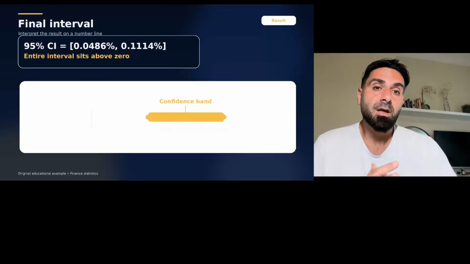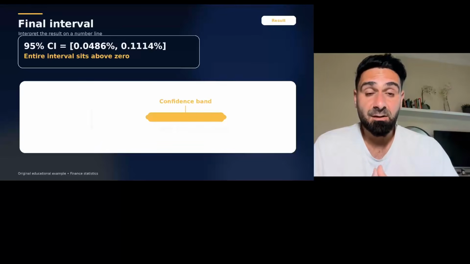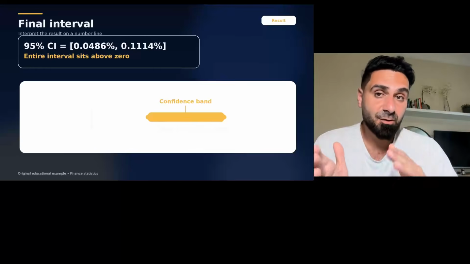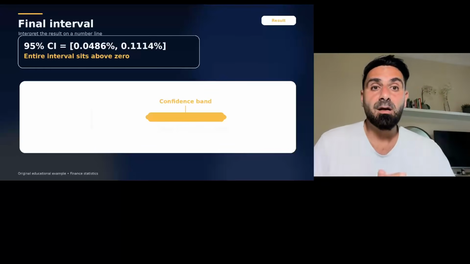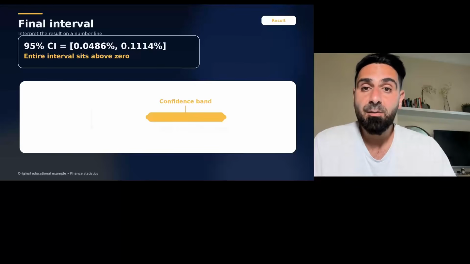So if it's about the null hypothesis and the alternative hypothesis, in this case you will for sure fail to reject the H0 and you will accept the alternative hypothesis here.